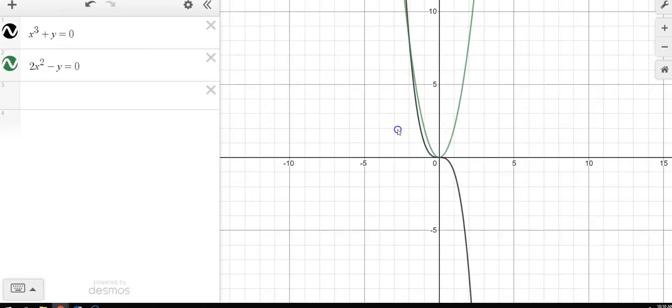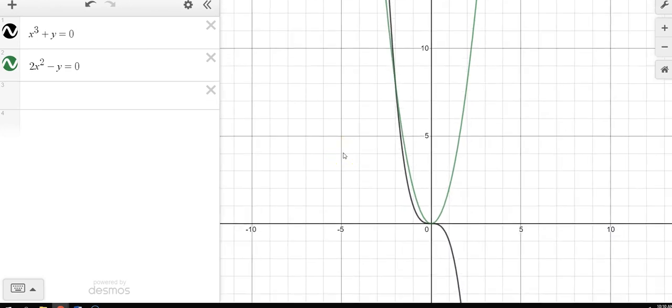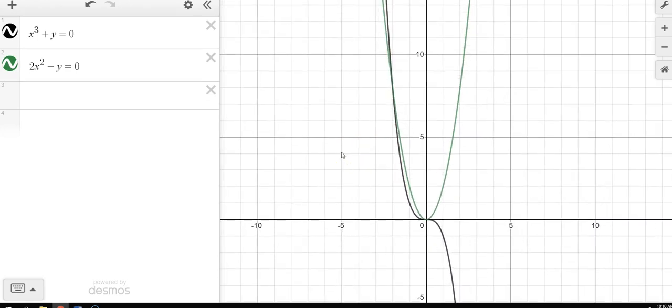Maximize that, and we see that we have a solution at -2, 8 and at 0, 0, showing you that it just touches there, so it has multiplicity 2. All right, let's move on.